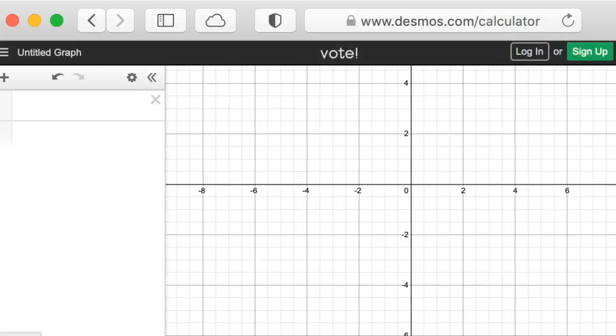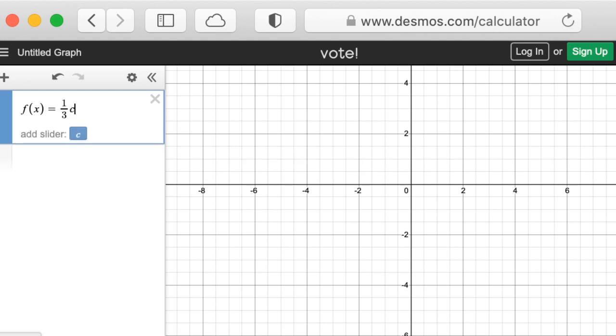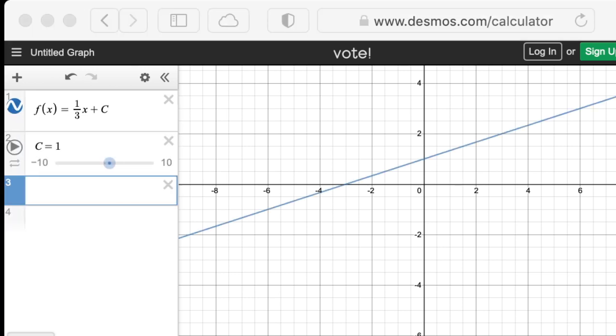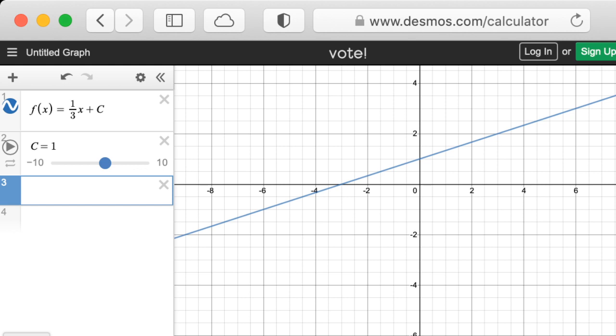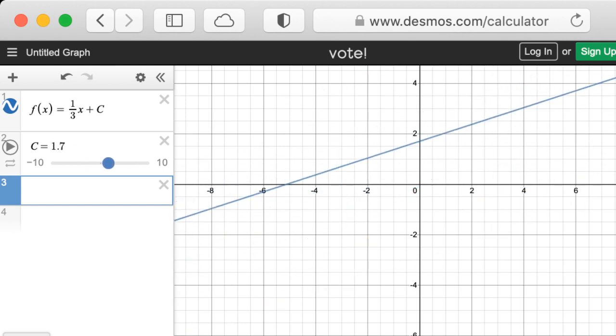So that would tell us this function is f of x equals 1/3 x plus c. And notice if we move that c around, change the c, it just changes where this function is.